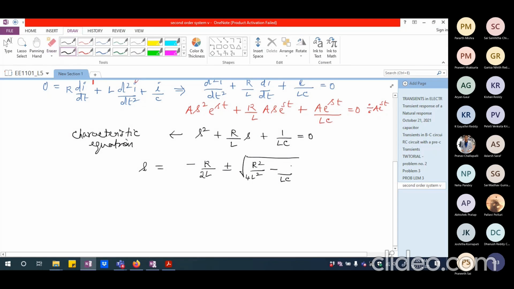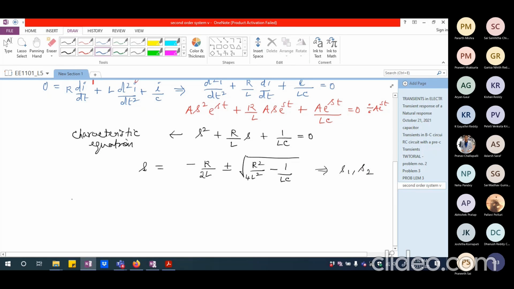So this is the solution for s. For plus and minus, I'm going to get two values, S1 and S2.